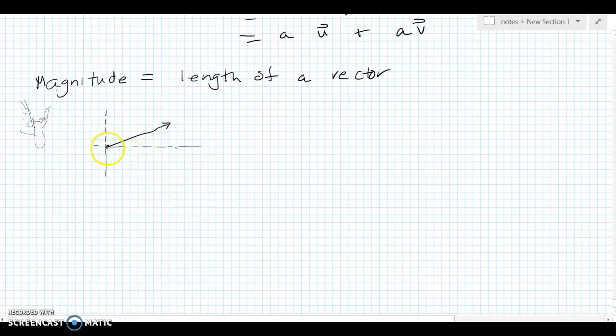Remember this length here is U1. And this length here is U2. Which means this point right here is the point U1, comma, U2.